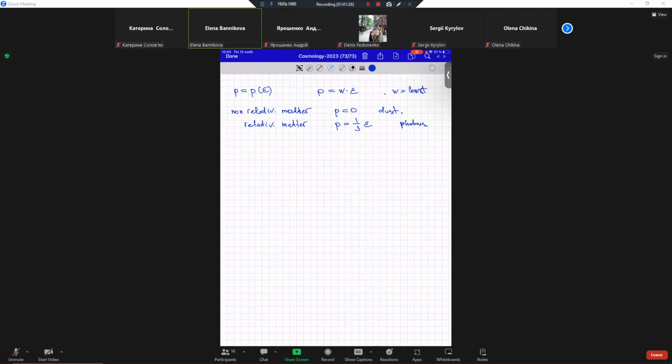So also we can consider, so it means that w equals 0, here w equals 1 divided by 3.